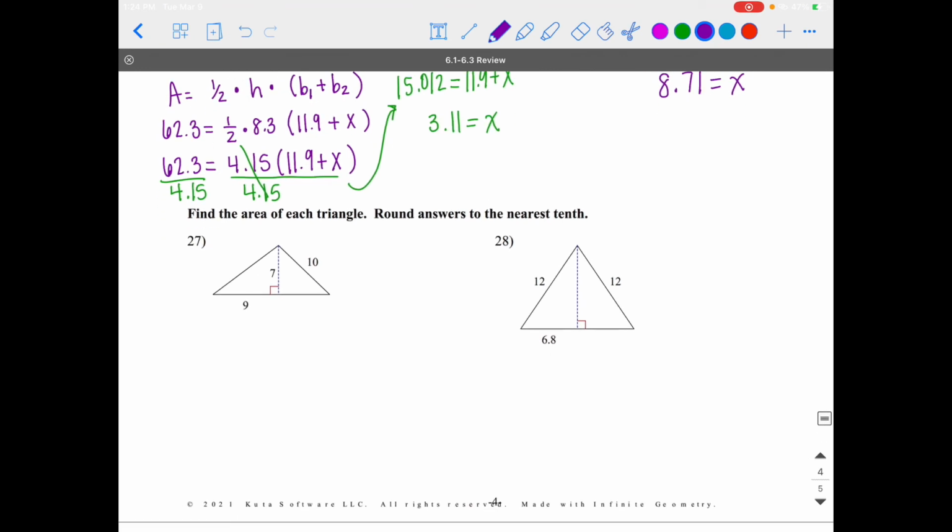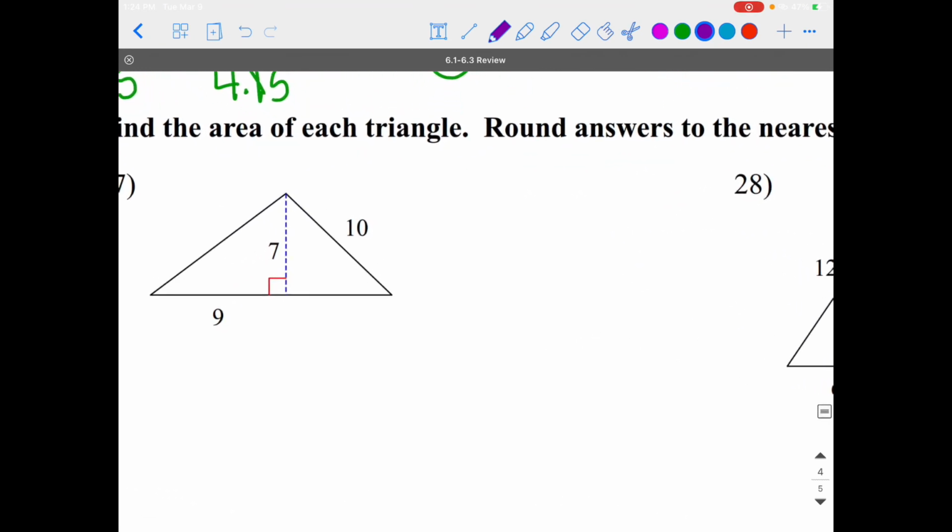All right. Now for these last ones, you needed to find the base of the triangle. So we had to do Pythagorean Theorem. So to get this length, we do 7 squared plus b squared equals 10 squared.